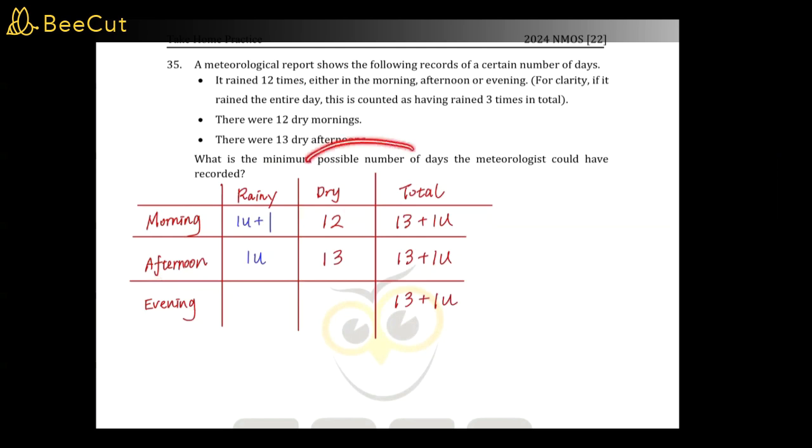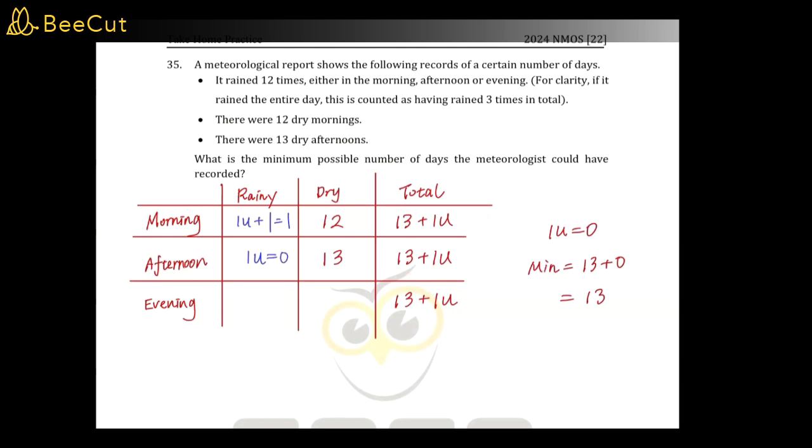They are looking for the least possible number of days. This is when the total number of days here is the minimum. That's when 1U equals to 0. So minimum number of days is 13 plus 0, 13 days. Right. Then we'll see that if this one is a 0, so this equals to 1.